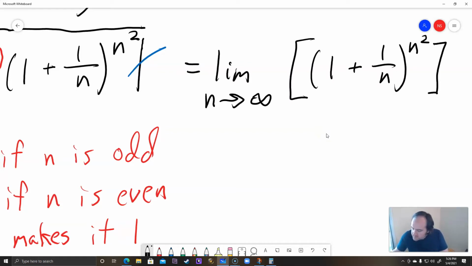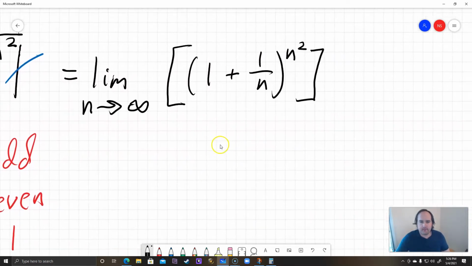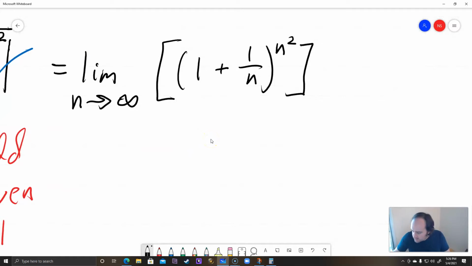Alright, and then we're raising this to the power of 1 over n, because raising it to the power of 1 over n is the same as taking the nth root.